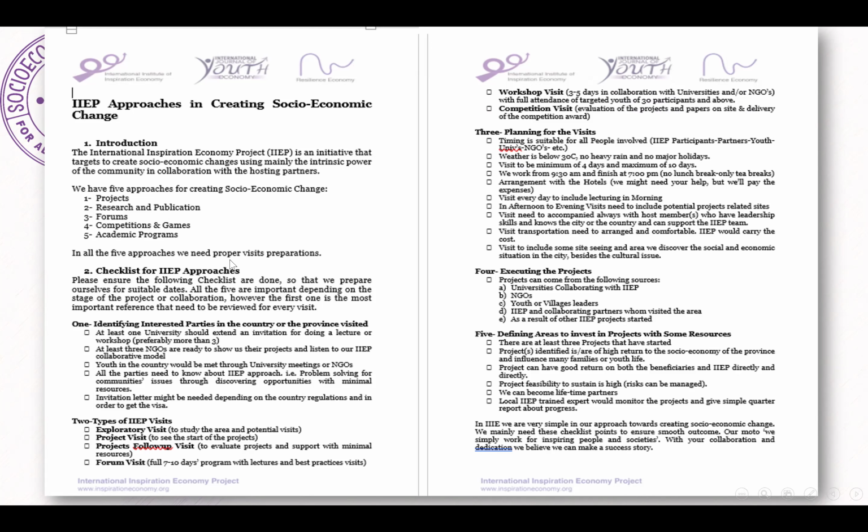All these five approaches are supported by site visits, or what we call exploratory visits. We need a checklist for these approaches. For example, one thing we have to do is identify interested parties in the country that can provide the visit or support the visit outcome.